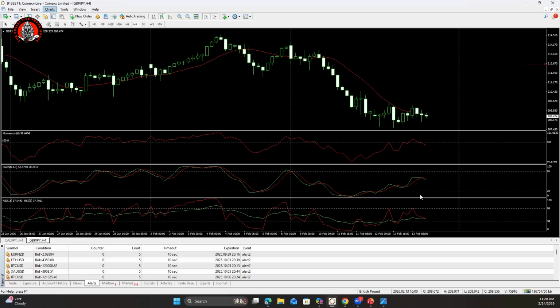Or if it's being oversold, I like the RSI to be minus 40 and below, because just like it says in the definition, it is measuring the magnitude. How much horsepower do I actually have in this pair at this point?